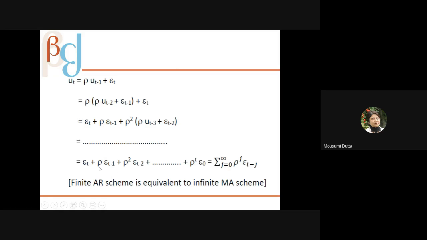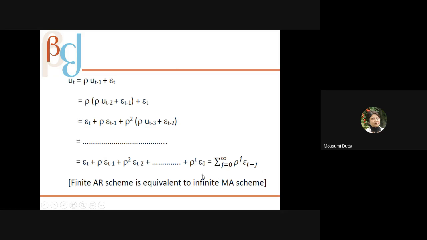This is a sum of a GP series, rho square, rho cube up to rho to the power t. This polynomial can be presented as summation j is equal to 0 to infinity rho to the power j epsilon t minus j.